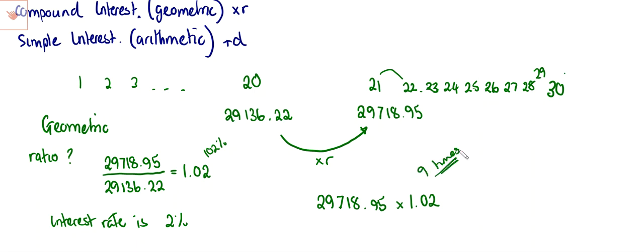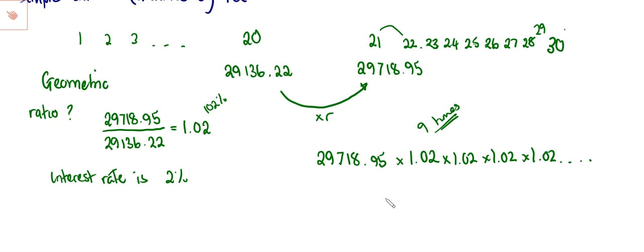How do I do times something 9 times? So like times 1.02, times 1.02, times 1.02, all the way up. I could do that more efficiently, do you remember?